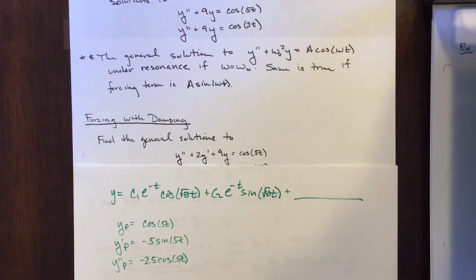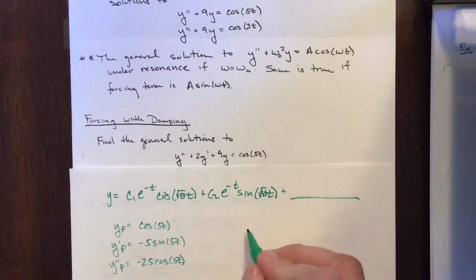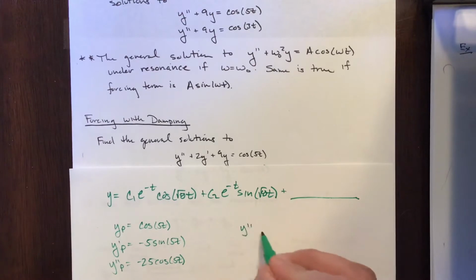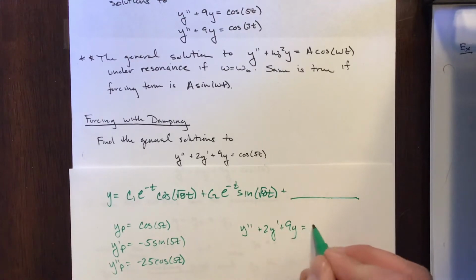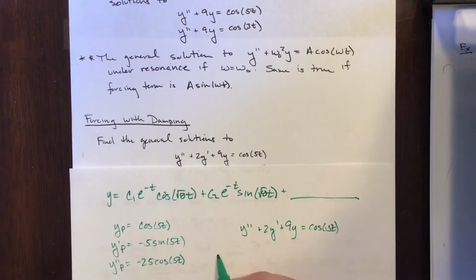Now, plugging that back into our differential equation, y double prime plus 2y prime plus 9y equals cosine 5t, we see that minus 25 cosine 5t plus 2 times, oh, I'm sorry, I made a mistake. I'll put my mistake in red.